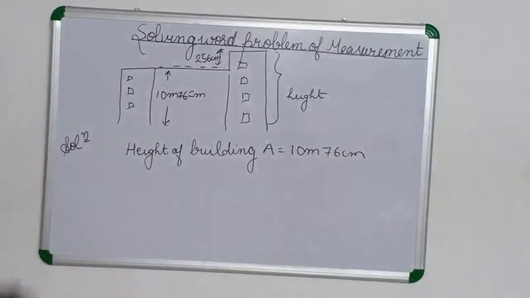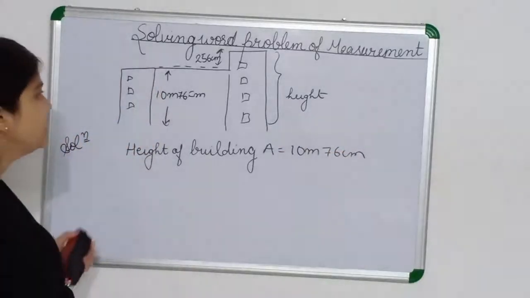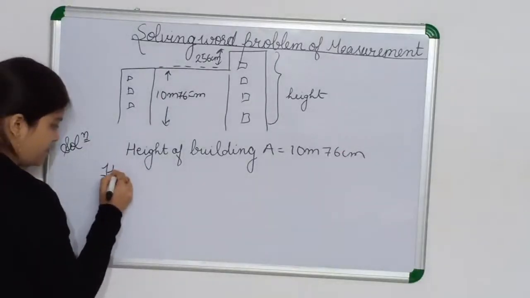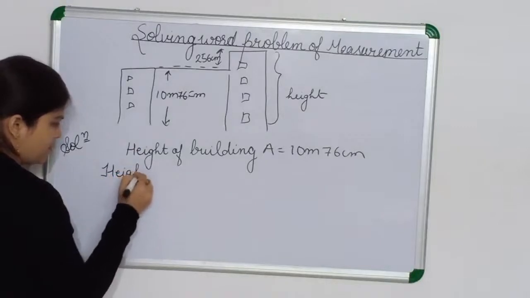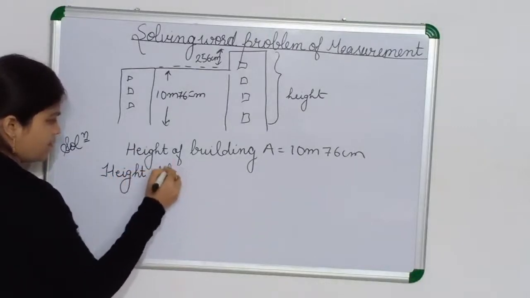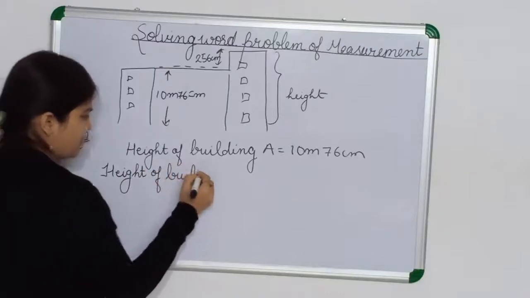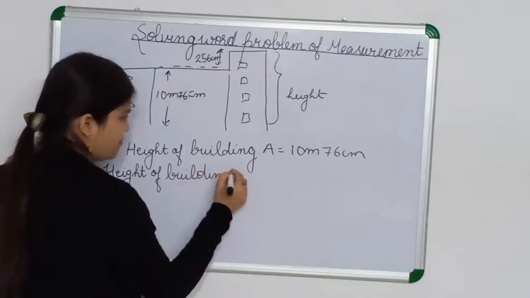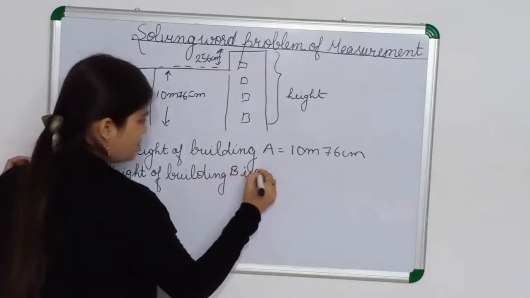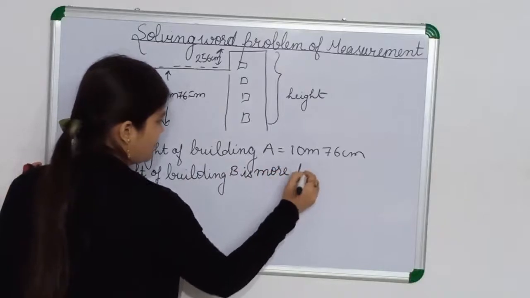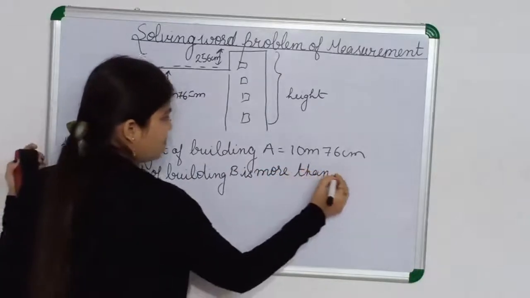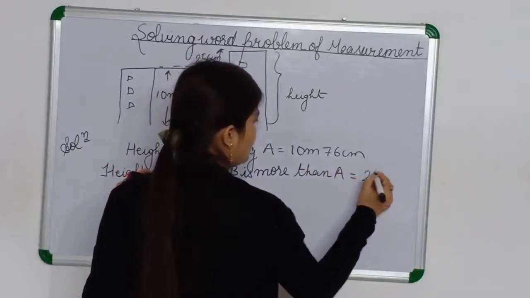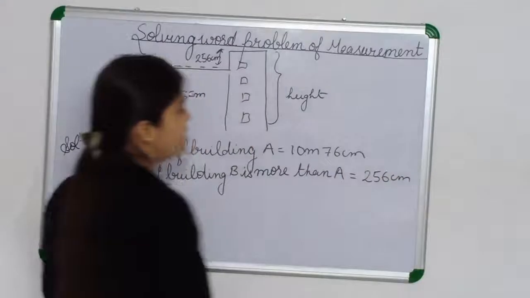Now the height of building B is more than A by 256 centimeter.